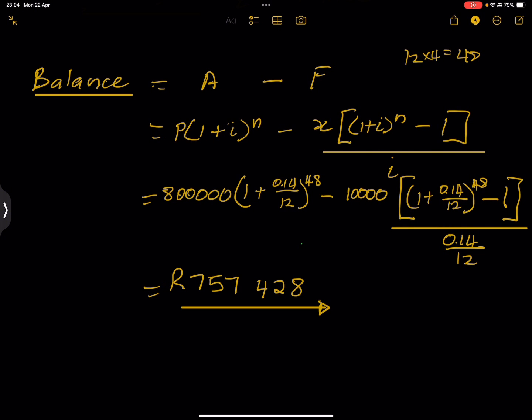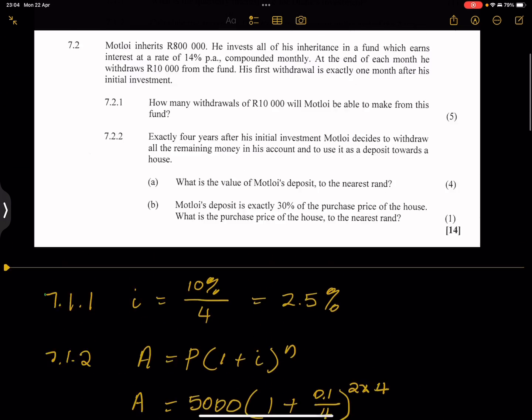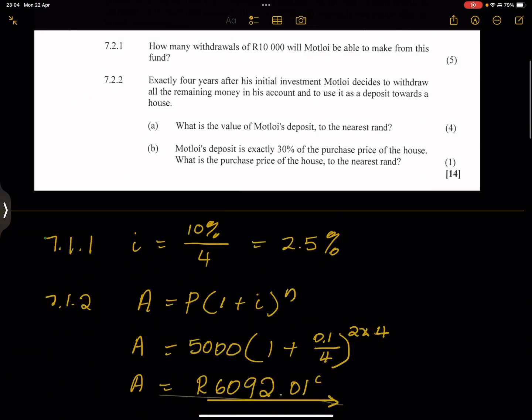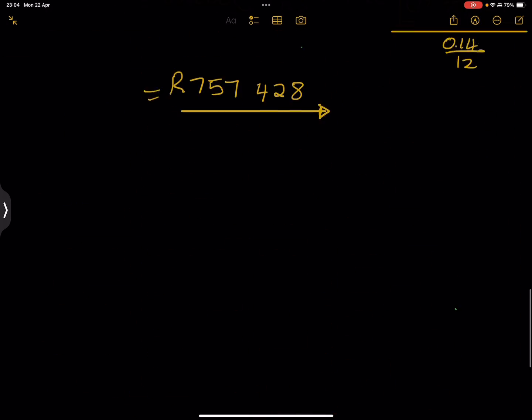Right, so finally they say Mutloi's deposit is exactly 30% of the purchase price of the house. What is the purchase price of the house to the nearest rand? So how do we get that?